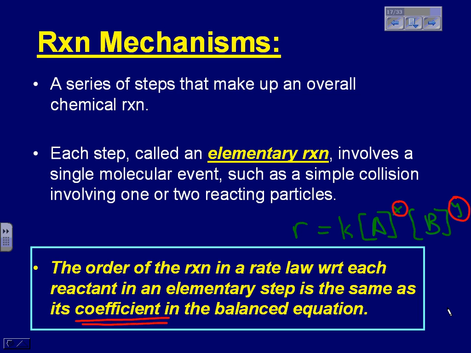I told you you could not use the coefficients to determine the rate law experimentally, and that is still true. But when it comes to an elementary step, a simple step, the rate law is the same as the coefficients in the balanced chemical equation for that elementary step. And this is because this is coming from theory. I'll explain a little more of that in a moment. So that's a little change about an elementary step.